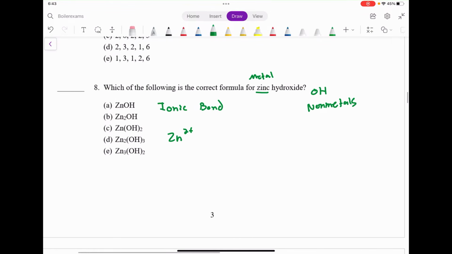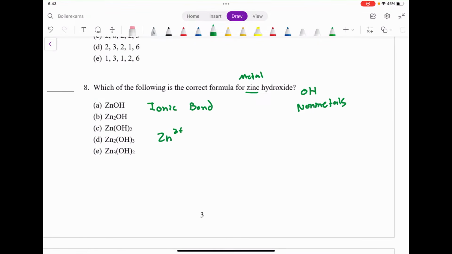So when we're forming these ionic bonds, the charges need to cancel because zinc hydroxide is going to be a net neutral compound. And hydroxide is OH. Oxygen has 6 valence electrons. Hydrogen has 1. These are going to form one covalent bond right there.